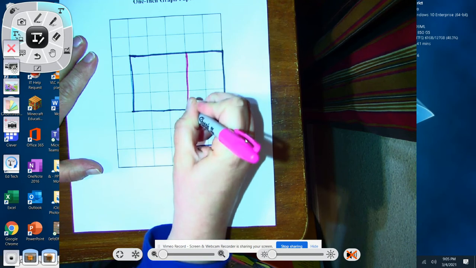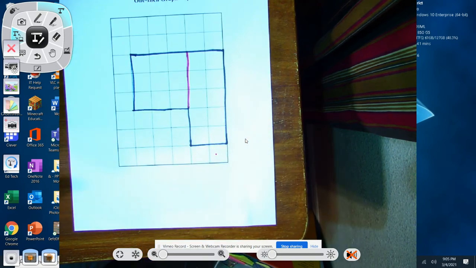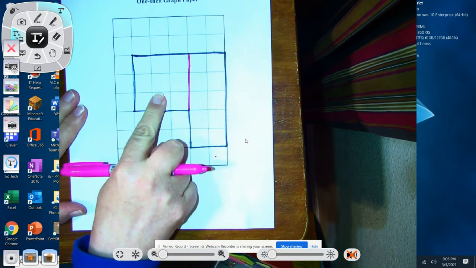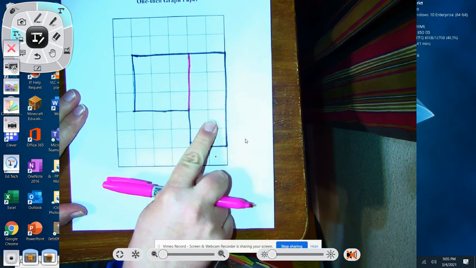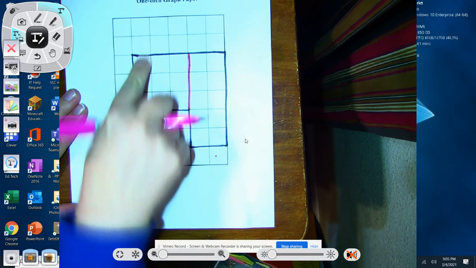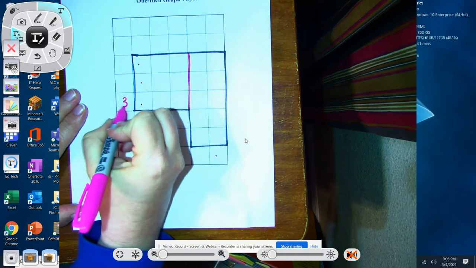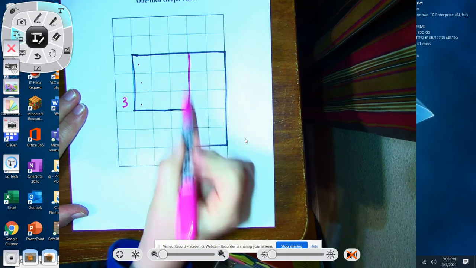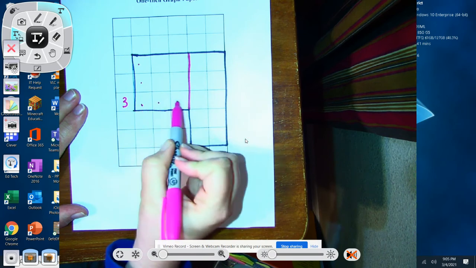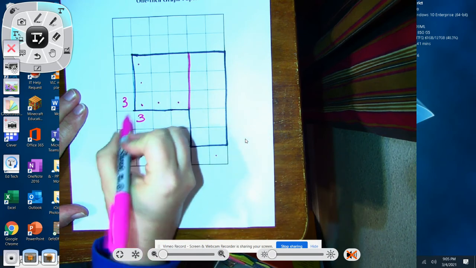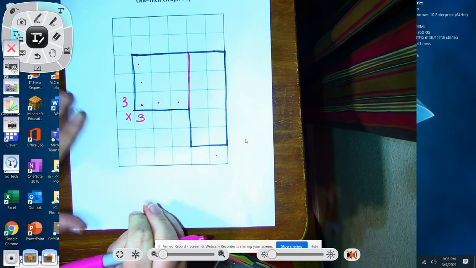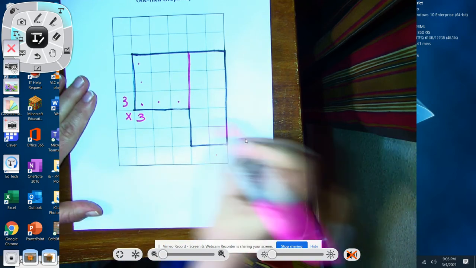So watch what I'm going to do. I'm going to break this apart. Now look, I have a square and I have a rectangle. The square I have here, I count across until I get to where I broke it. 1, 2, 3. 1, 2, 3. So I have 3 times 3. And then look at here. I'm going to go across.